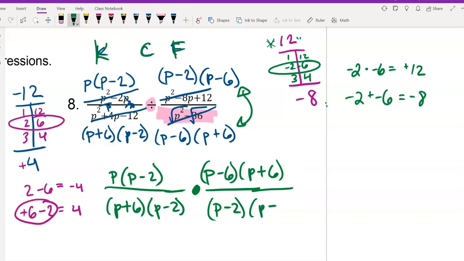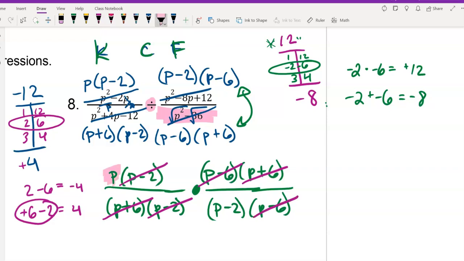All right, now we can simplify. P minus 2, P plus 6, and a P minus 6. All right, what are we left with?